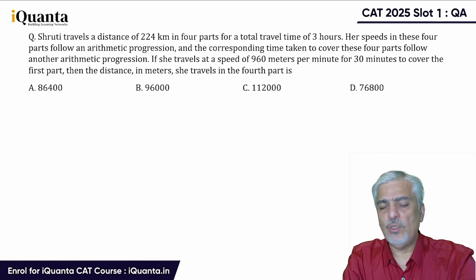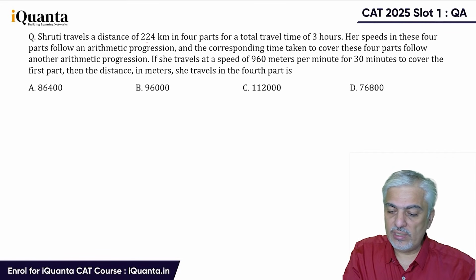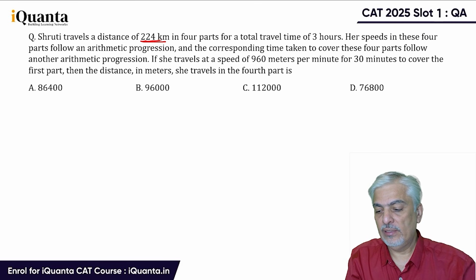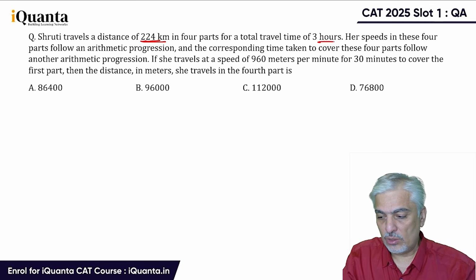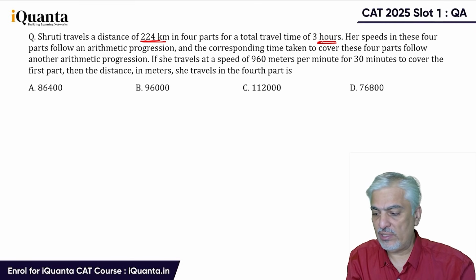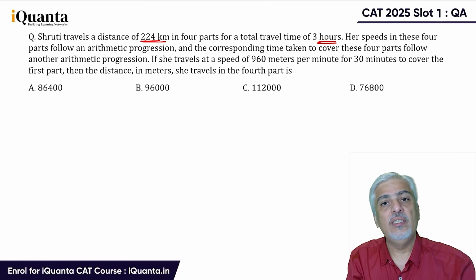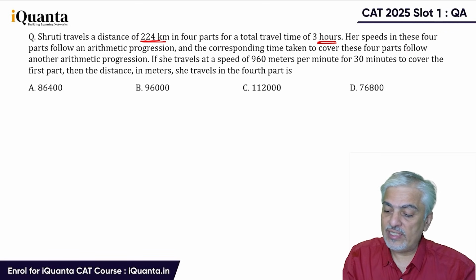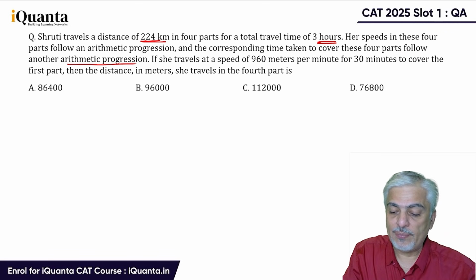Let's have a look at the next question, which is from time, speed, distance. They have told us Shruti travels a total distance of 224 kilometers in 4 parts for a total travel time of 3 hours. They haven't said the parts are equal. Her speeds in these 4 parts follow an arithmetic progression, and the corresponding time taken to cover these 4 parts also follows an arithmetic progression.